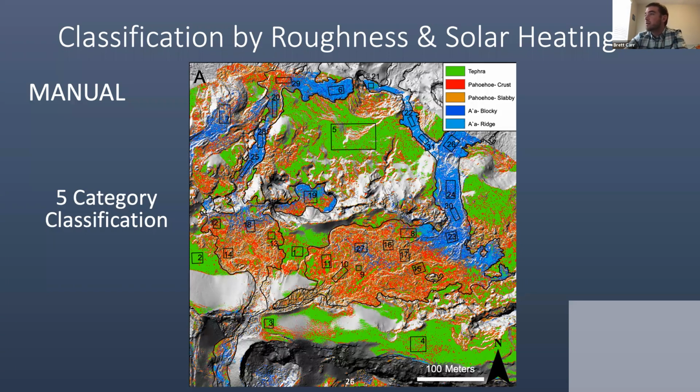So moving on to the 5 category classification, there are more categories, so it's going to look a little noisier. Because the resolution of the classification is 20 centimeters and it's a per pixel classification, it's not grouping the majority of the pixels into one visible cohesive unit.